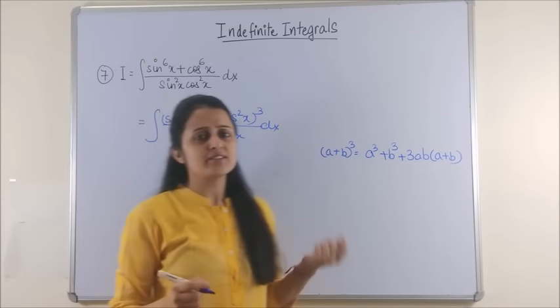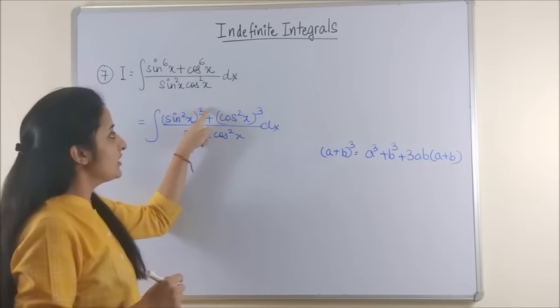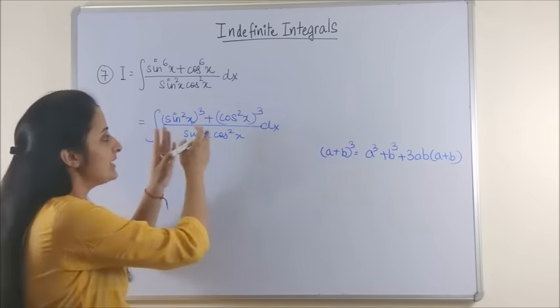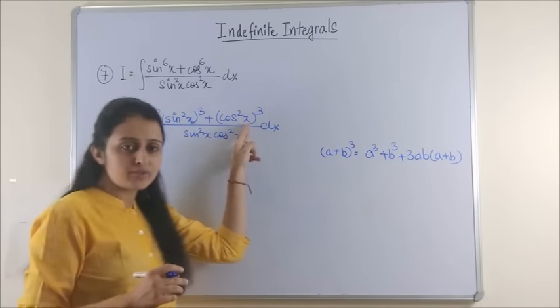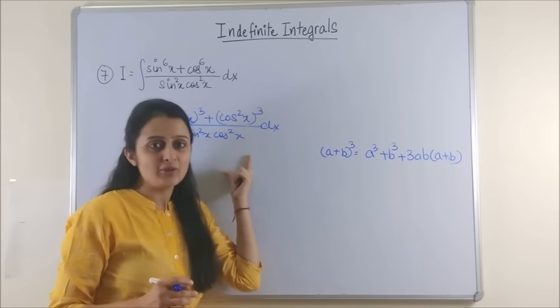Now you may ask, why am I expressing the 6 as 2 here and 3 here and not the other way around? It's simply because this would help me create something in terms of sin square x and cos square x in the numerator, which is already present in the denominator.